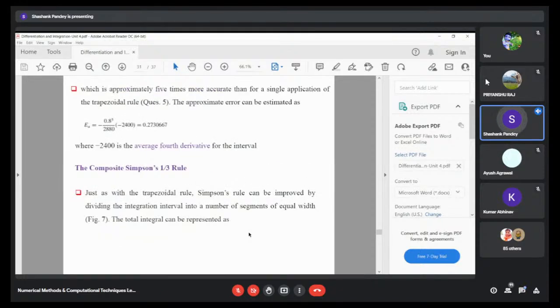So we have made a comment about the error, which is approximately 5 times more accurate, because the error is approximately 5 times less than single application of trapezoidal rule.